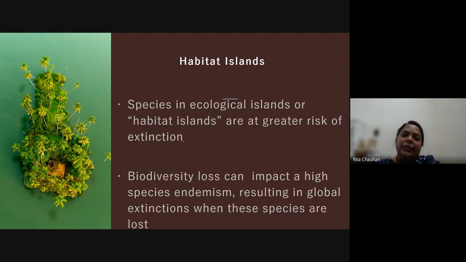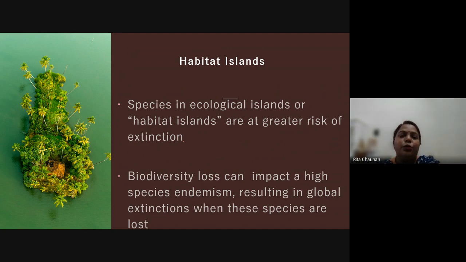Endemic means these species can grow only in that area, and if that area is lost, like in this slide, you can see one island. If some particular animal is living in this island for thousands and thousands of years, and if this island is lost in water due to any reason, due to tsunami, due to cyclone, then the entire species will be lost.